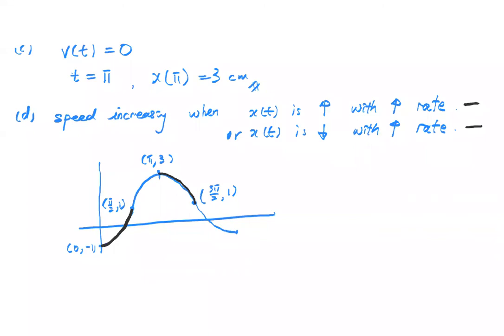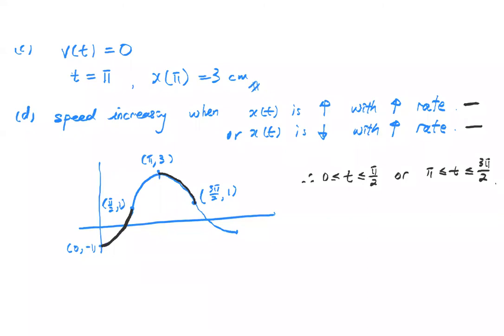So therefore, t is between 0 and pi by 2, or t is between pi and 3 pi by 2. See or not?